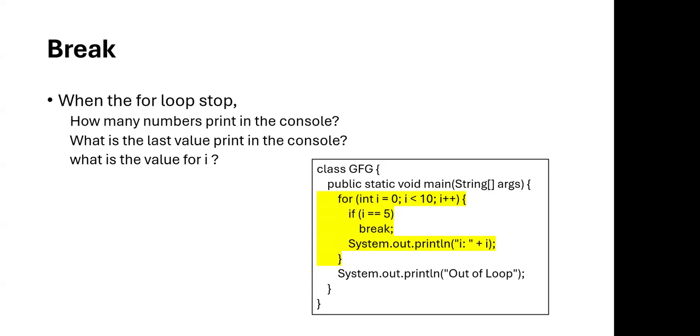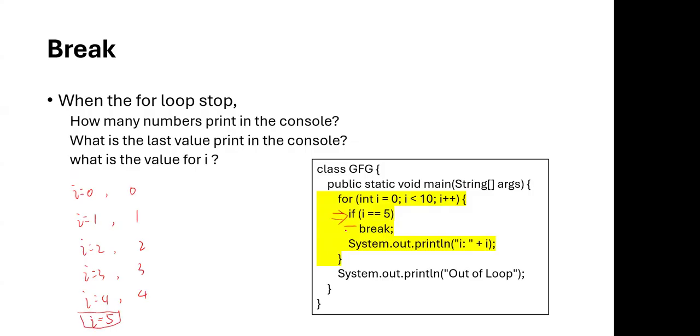Let me write. For example, when I is equal to 0, we will print out I is 0, right? For I is 1, we will print 1. For I is 2, we will print 2. I is 3, we print 3. I is 4, we print 4. However, when I is 5, we get there.